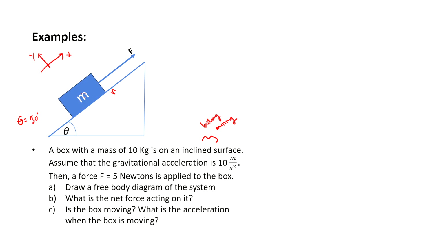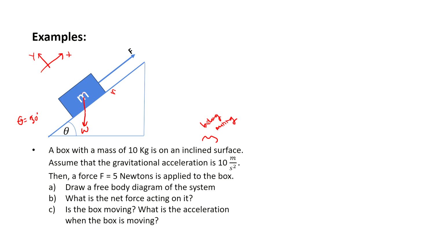To draw a free body diagram, it will be a bit different. First of all, we can draw the weight force like this. This is the weight force, directed downward, still downward.